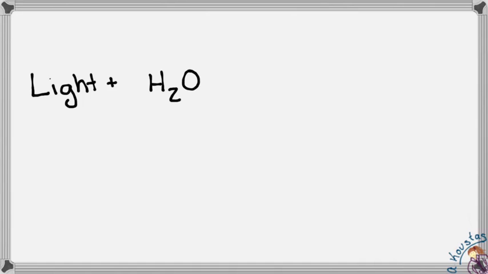Water goes into photosynthesis as well. And the last thing is carbon dioxide. We produce carbon dioxide and breathe it out, and that goes into a plant during photosynthesis. Plants use the water, carbon dioxide, and light to create sugars, like glucose.